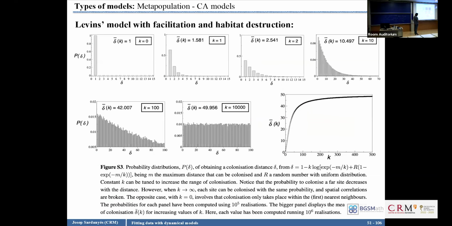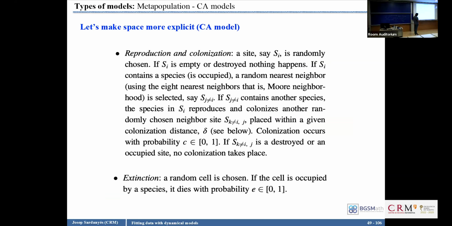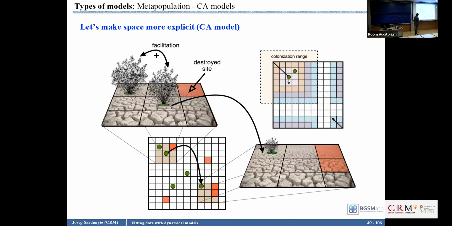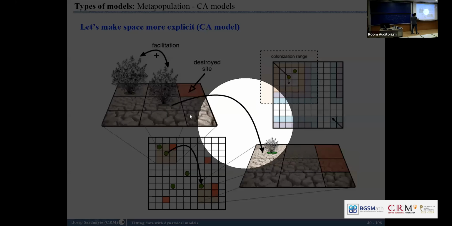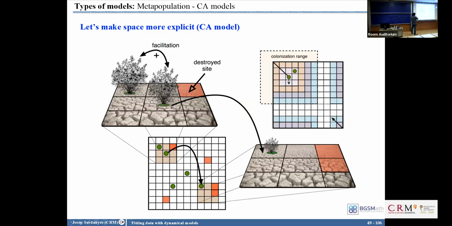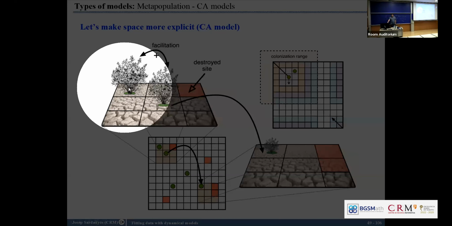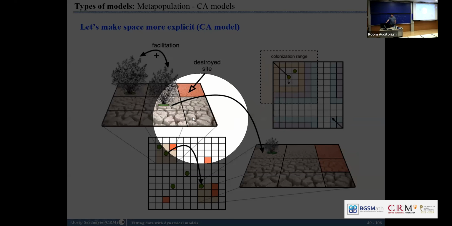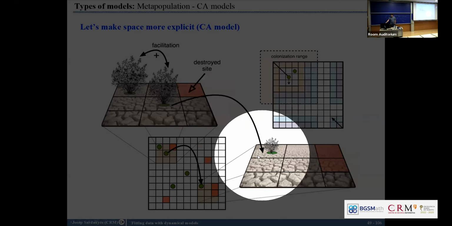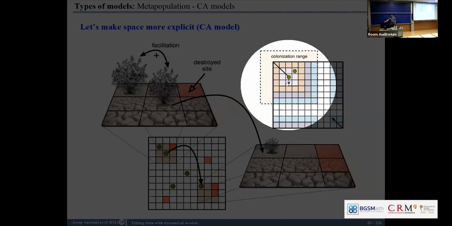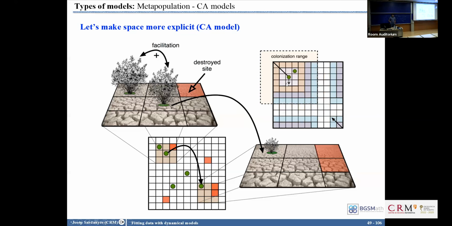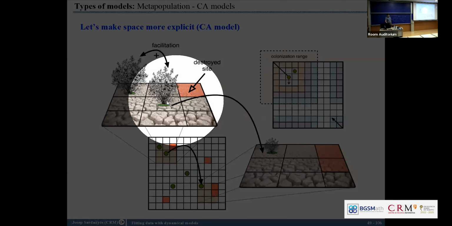So instead of taking a site and then a random neighbor, and if there is an individual there, I can colonize a close individual, or move more or less in this place, I break correlations. So I choose a site.